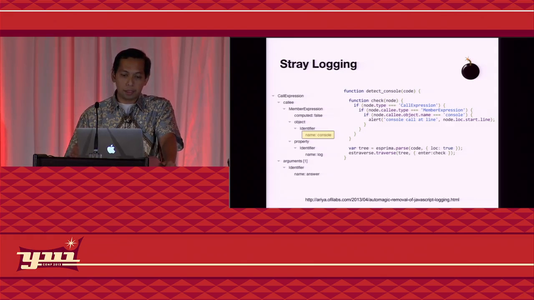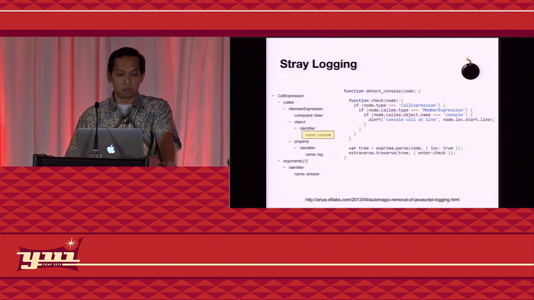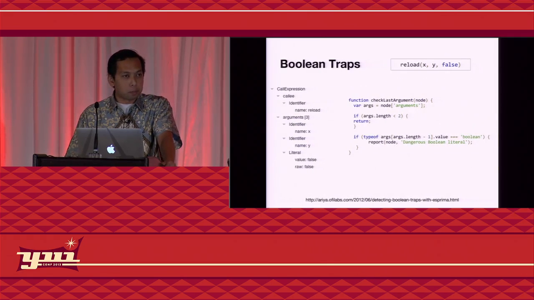So if you want to detect that, you parse your code, walk through the syntax tree, and try to figure out if there's a pattern that matches that kind of subtree. And if there's one, then you complain or shout or give a warning to the user. Another thing is Boolean traps. I'm sure from yesterday's keynote you can understand my crusade against Boolean traps.